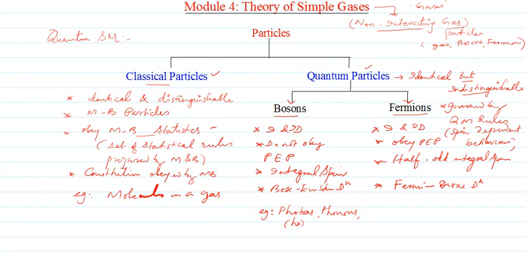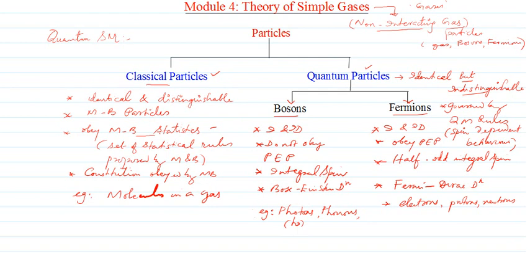Similarly, when you come to the case of fermions, you have all the familiar elementary particles like electrons, the most common particle that we come across. All electrons are fermions. Then protons and neutrons, the main constituents of an atom. This is something that we can clearly remember: protons, electrons, neutrons, the basic constituents of an atom, all three are fermions.